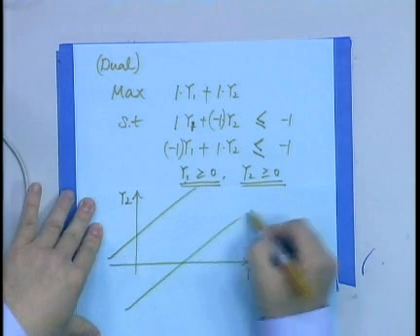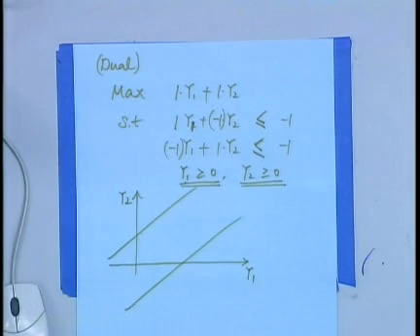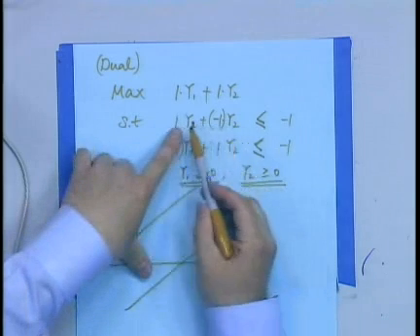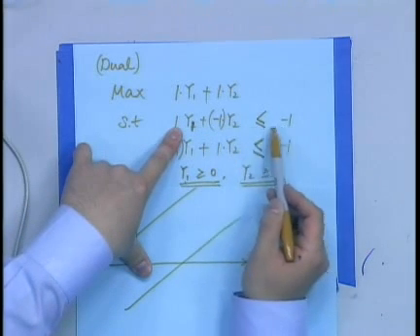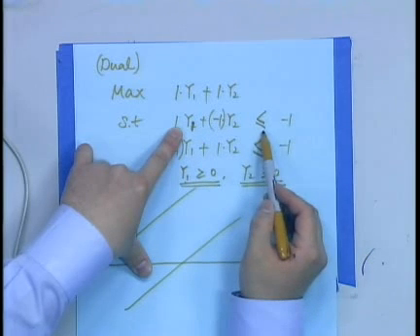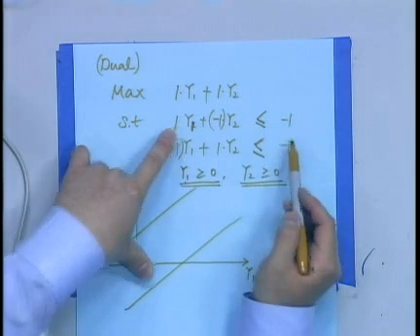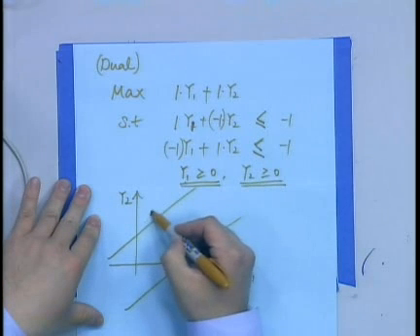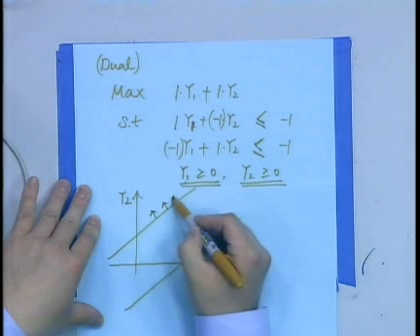Again, our constraints look like this. And the origin does not satisfy both of these constraints, because 0 is not less than or equal to -1, which means the feasible region would be this direction.